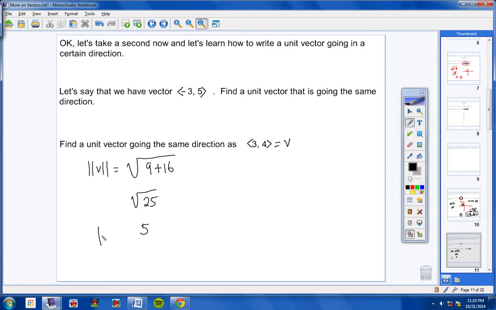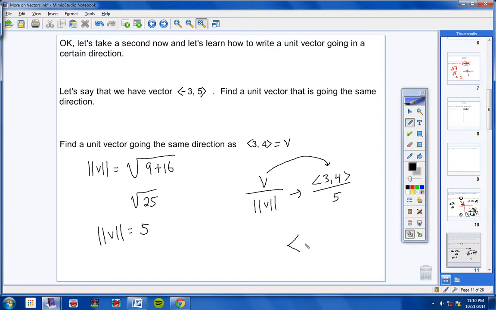There's my magnitude. Now to find a unit vector, our formula is whatever vector we're dealing with. In this case, it's v, so vector v over the magnitude of v. So I would have 3, 4, there's vector v right here, divided by the magnitude of v, which is 5.